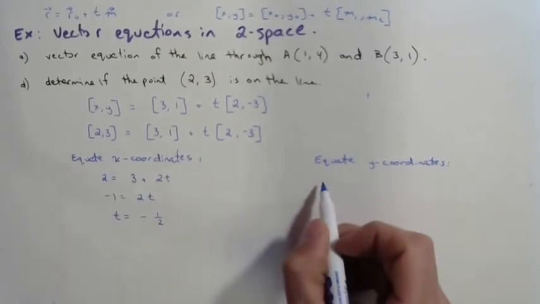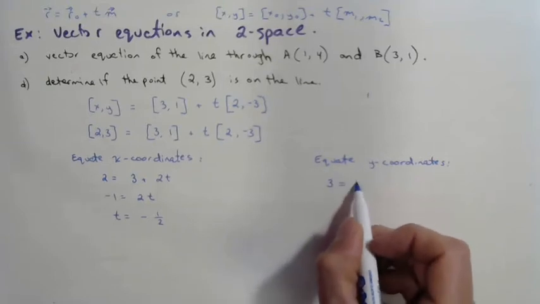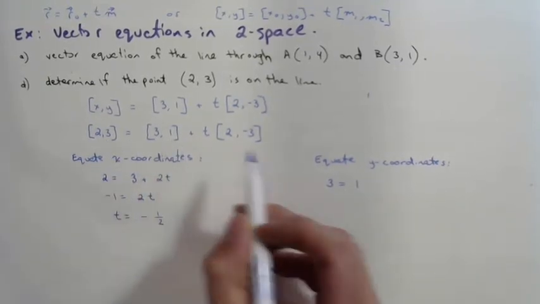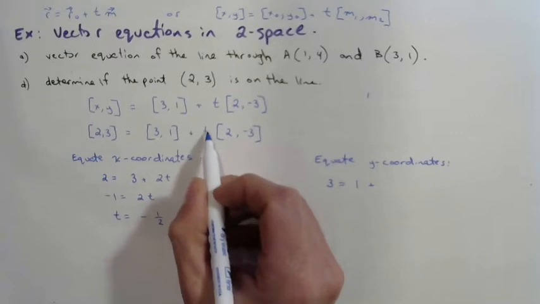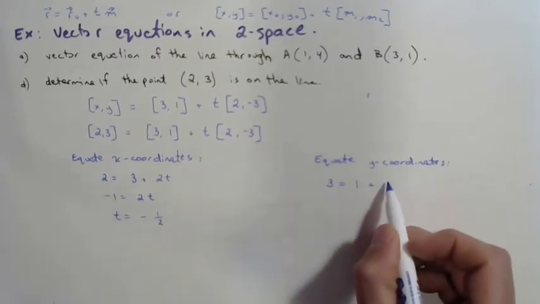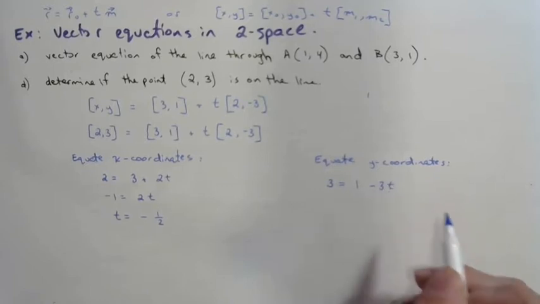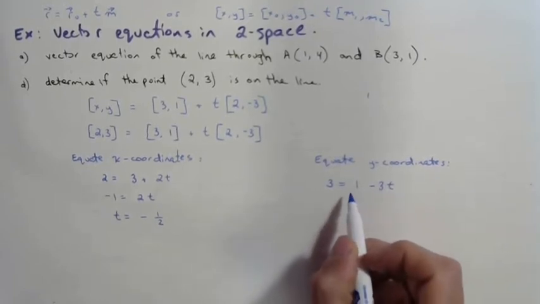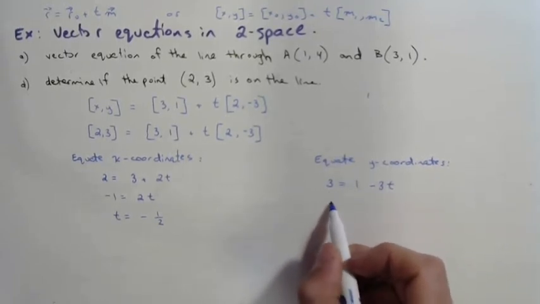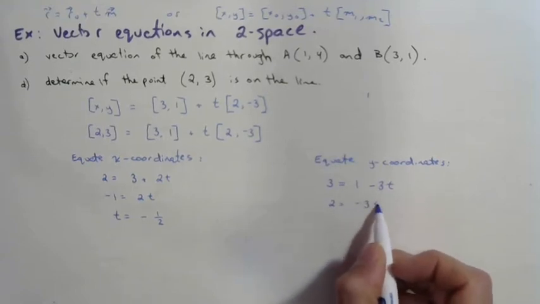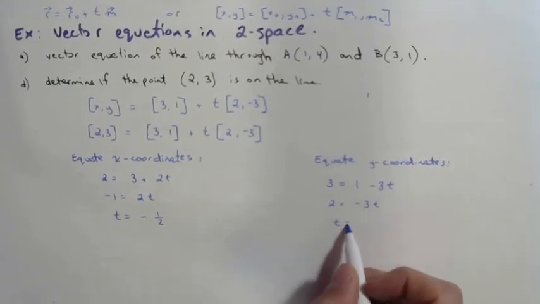Now our y coordinates. 3 equals 1 plus some multiple of -3. So plus -3t, or just minus 3t. Again, simple algebra. Subtract 1 from both sides. Divide both sides by -3.